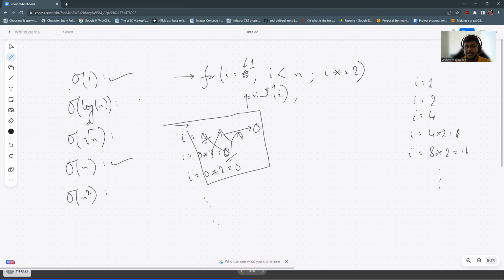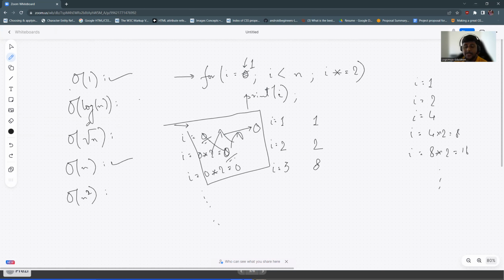Let's see here. So for the first iteration, we print 1. For the second iteration, my i was 1, it becomes 2 into 1, which is 2. It printed 2.